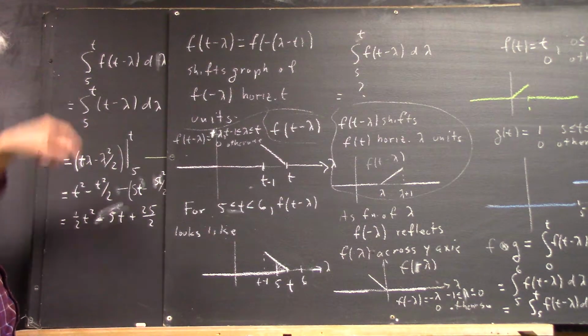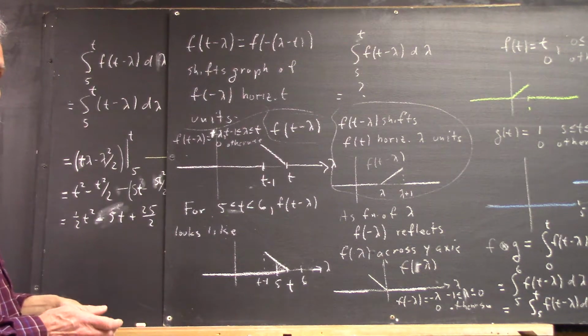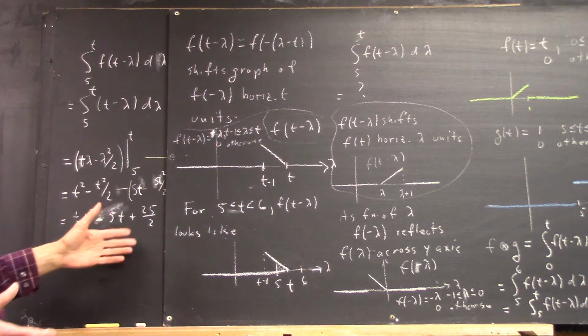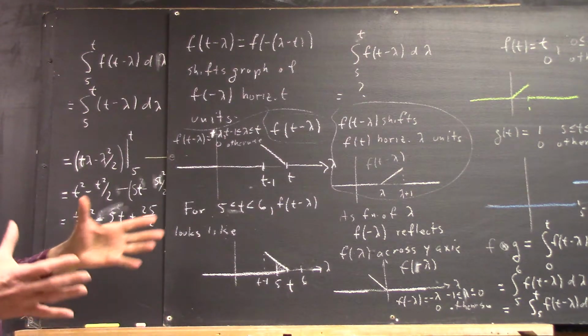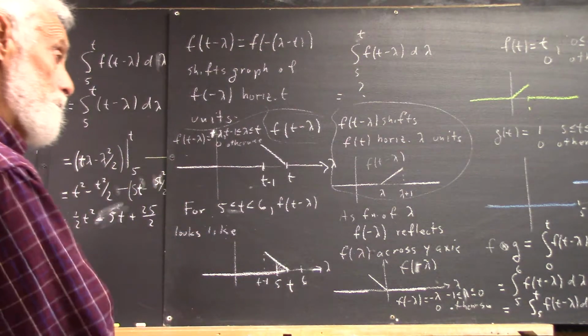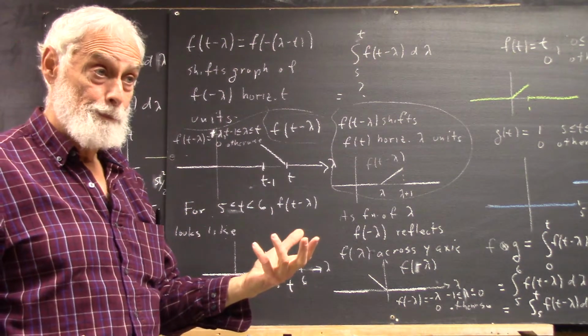Okay? Now there's a lot more to it, but we want to understand how this relates to the convolution of that future value function.